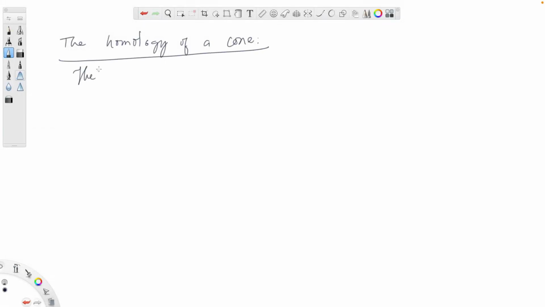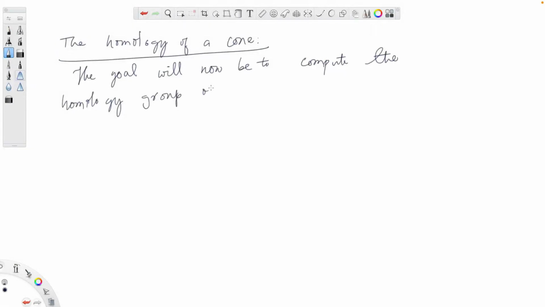The goal will now be to compute the homology group of an n-simplex and of its boundary, as we had stated earlier.